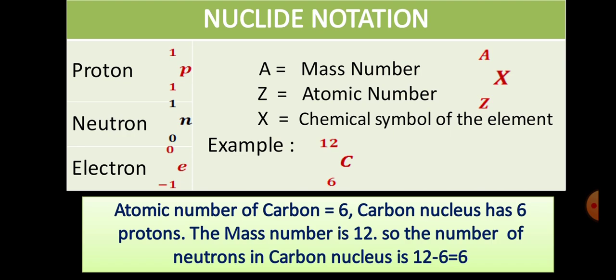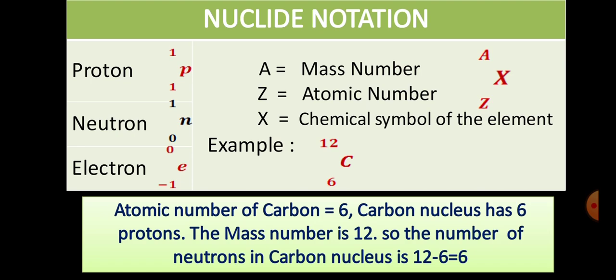It's 6. Hence, the number of protons, which is equal to the number of electrons, is 6. Now look at the superscript A. It denotes 12. Hence, the number of protons and neutrons together is equal to 12. Hence, if you want to know the number of neutrons present, then it is A minus Z, that is 12 minus 6, which is equal to 6 neutrons.